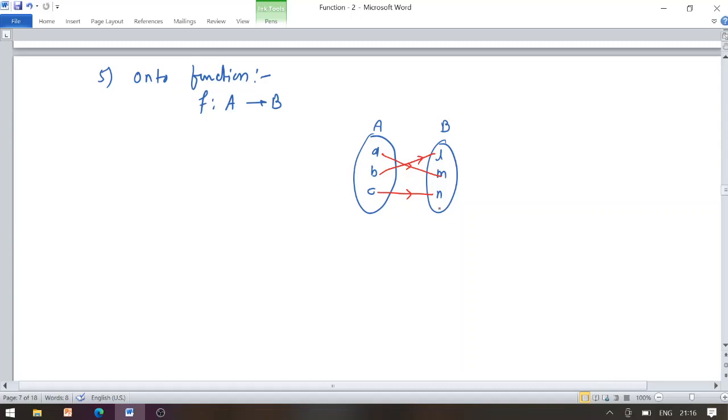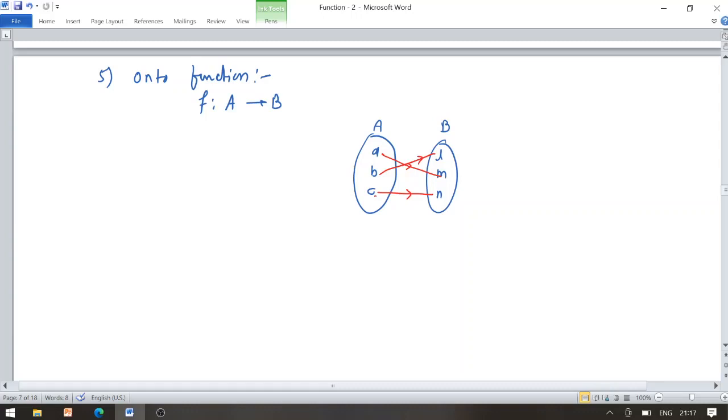There is no remaining element that is not the image of an element from set A. That means all elements have their pre-images in set A. Like L is the pre-image of B, M is the pre-image of A, while N is the pre-image of C. So here each element in set B is the image of some element in A. Thus, such a type of function is said to be an onto function.